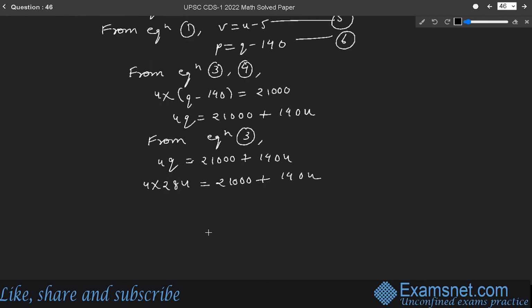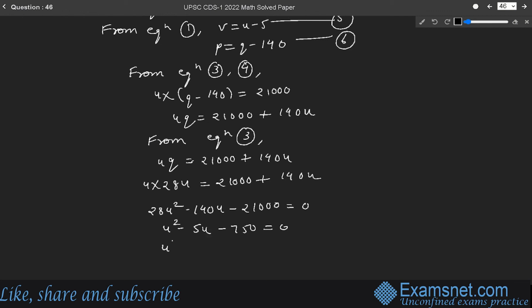It can also be written as 28u square minus 140u minus 21,000 is equal to 0, taking all the terms on one side. Taking 28 common here, this will be u square minus 5u minus 750 is equal to 0.